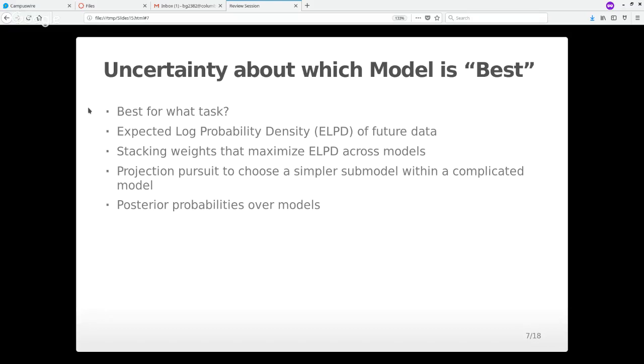And so you could see these different approaches as, at which stage of the analysis are you doing this? Do you care more about which is expected to predict future data best, or which model previously predicted the present data the best?